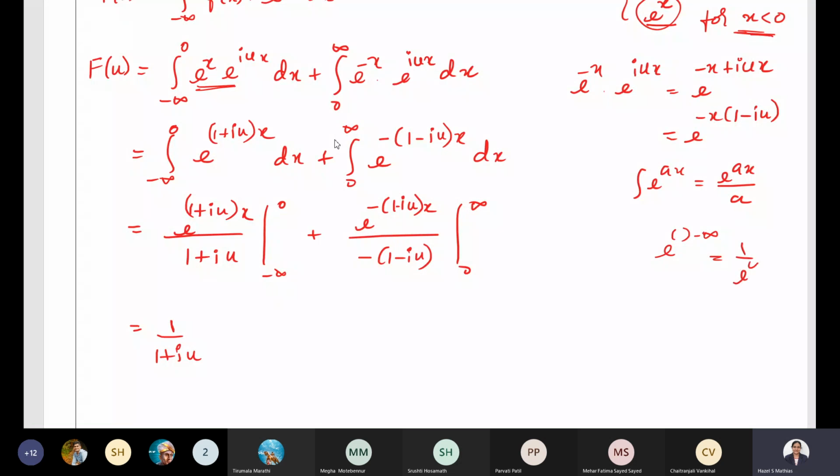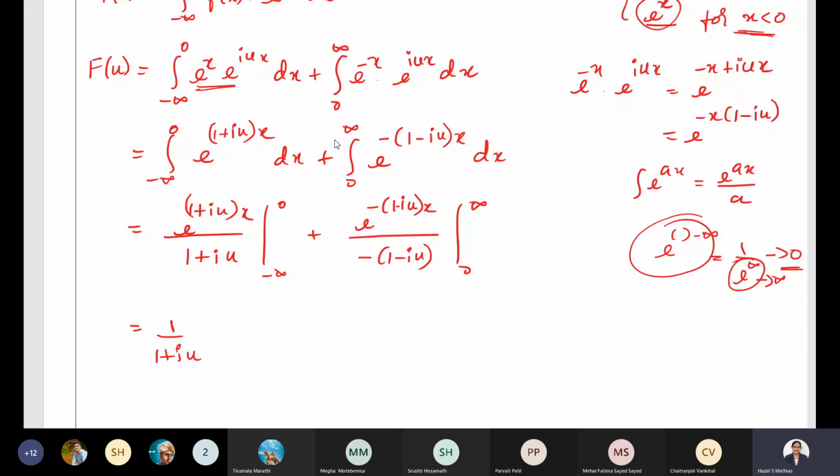So it is similar to e power infinity, which is infinity. When this term approaches infinity, the entire term will approach 0 because 1 by infinity is 0. E power minus infinity is 1 by e power infinity, which is 1 by infinity, equal to 0. So when we put the lower limit, it will become 0.